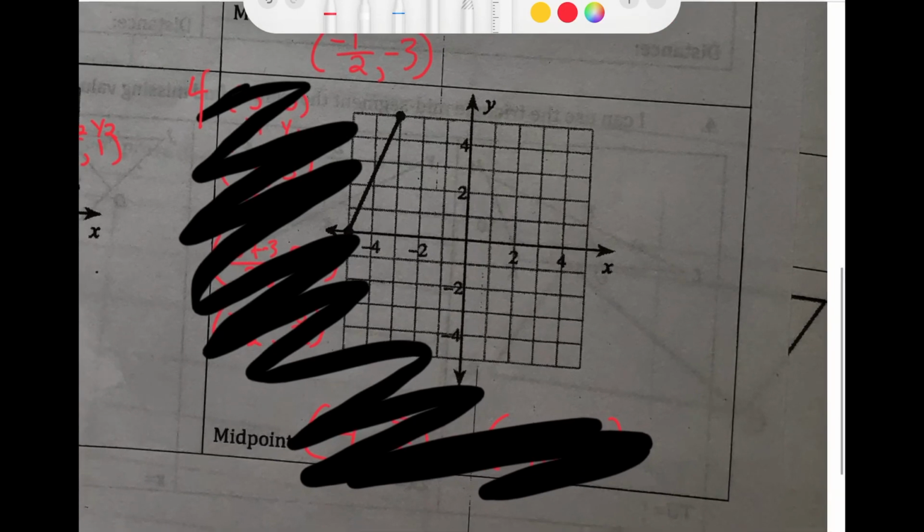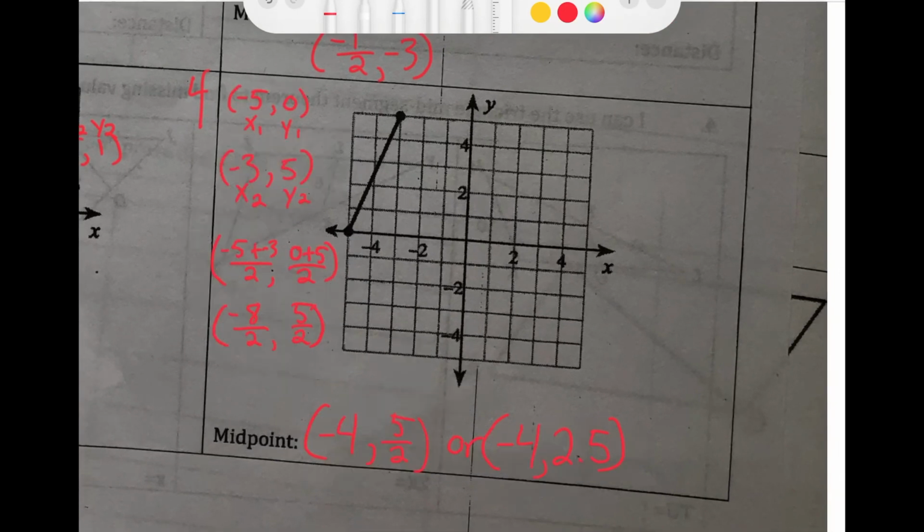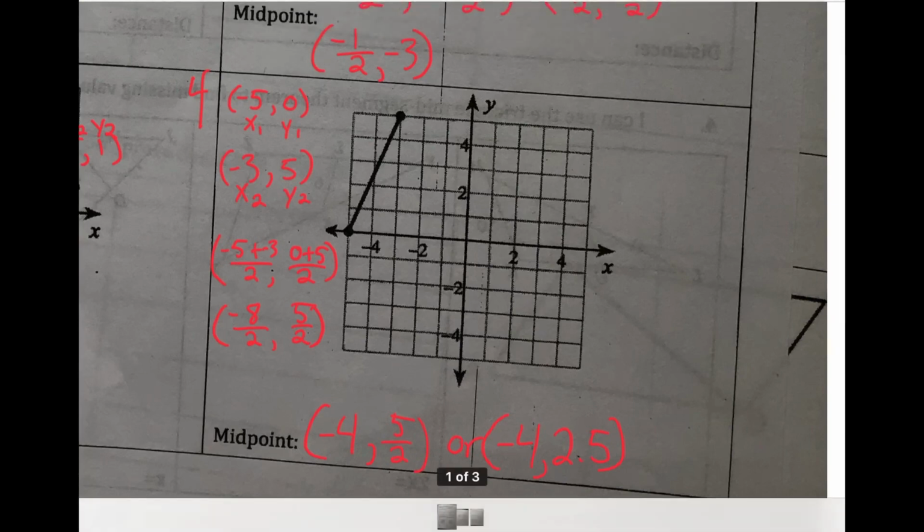For number 4, you should have gotten the midpoint of either negative 4, 5 over 2, or negative 4, 2.5. Alright, going on to the next page.